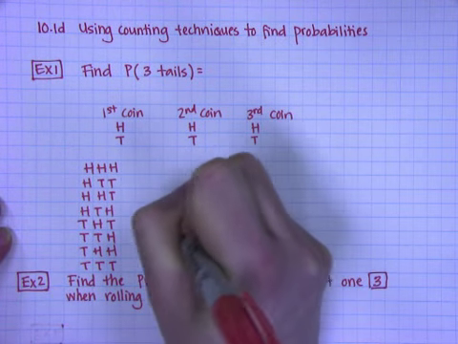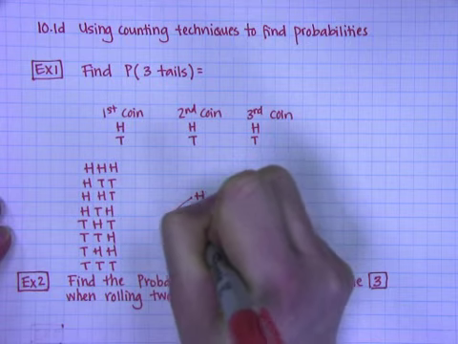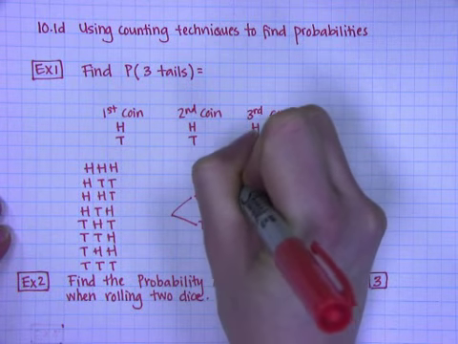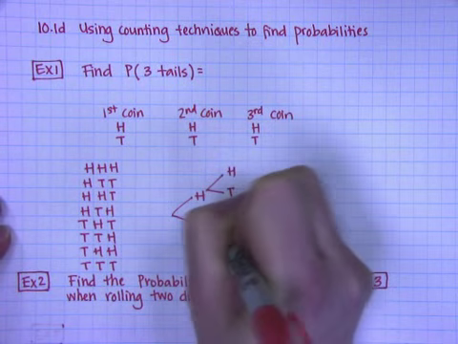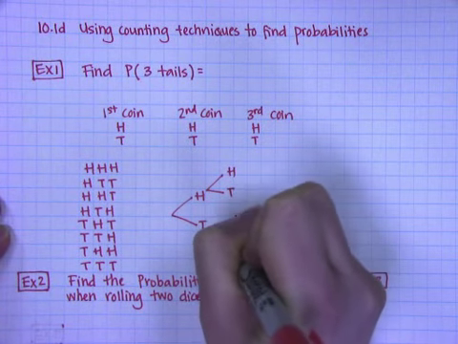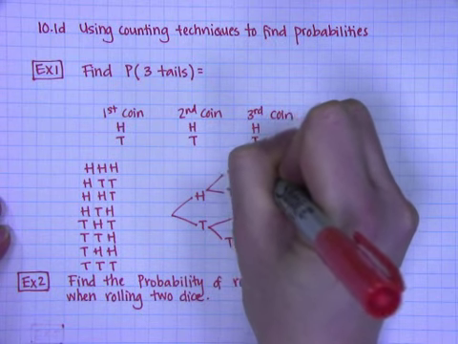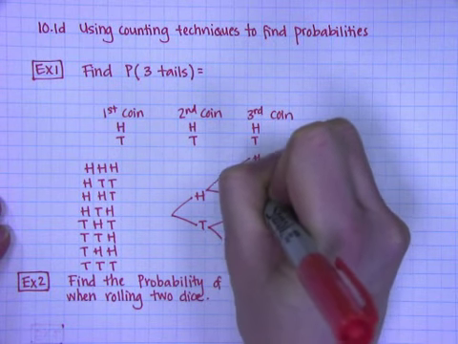On your first flip, you could flip heads or tails. And then on your second flip, you could flip heads or tails, depending on what happened on your first flip. And then on each of those flips after, you could do heads or tails.